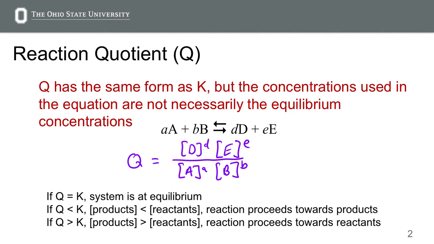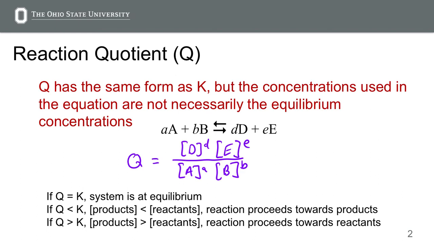If Q is less than K, we have more reactants than products, and so the reaction is going to proceed towards the products. If Q is greater than K, we have more products than reactants, and the reaction proceeds in the reverse direction back towards the reactants.